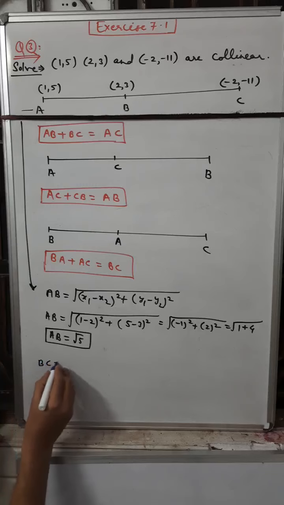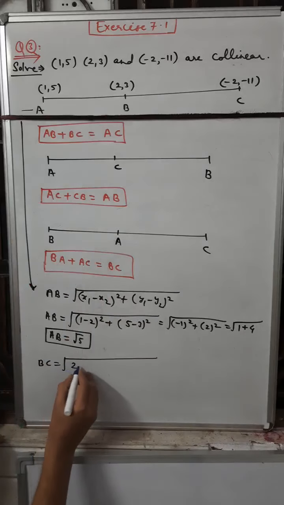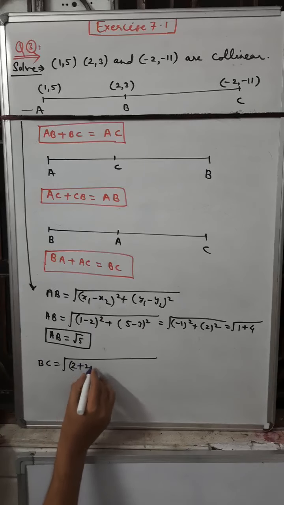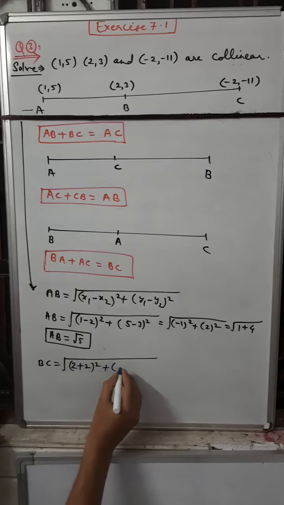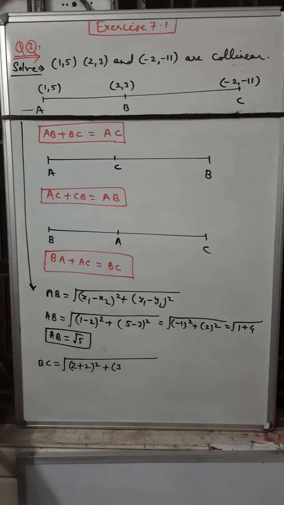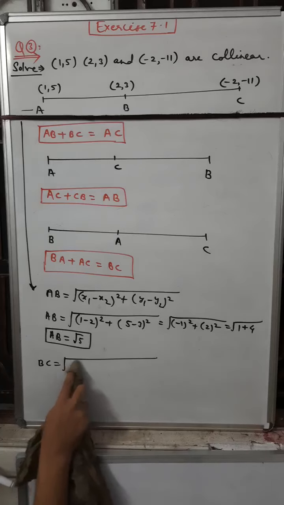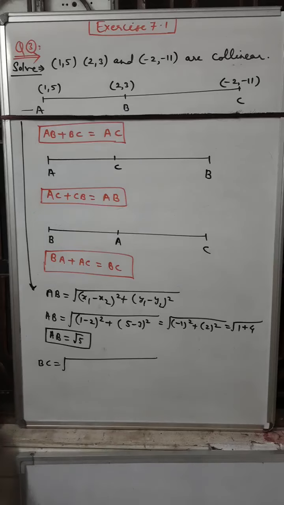So BC is again x1 minus x2. So x1 is 2, and minus minus will become plus. So 2 plus 2 whole square plus 3, and again minus minus will become plus whole square. If you are confused, we can write like this as in the previous question.